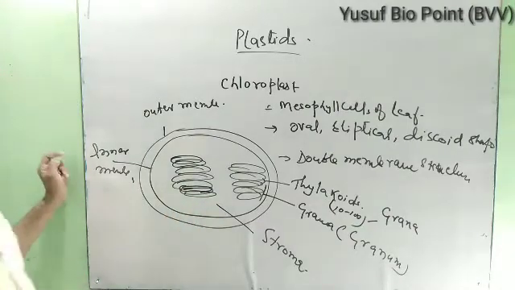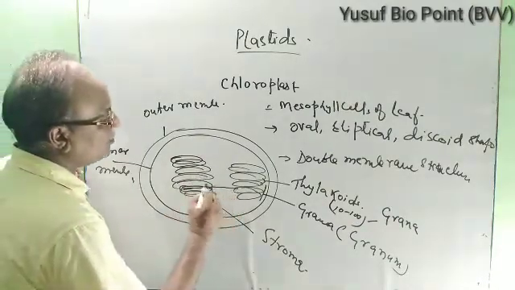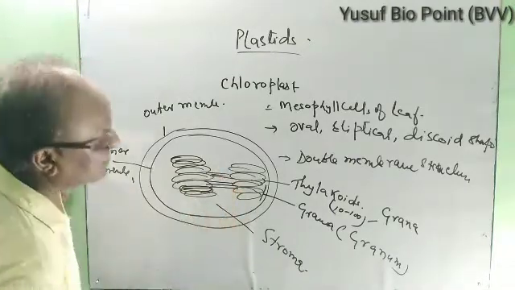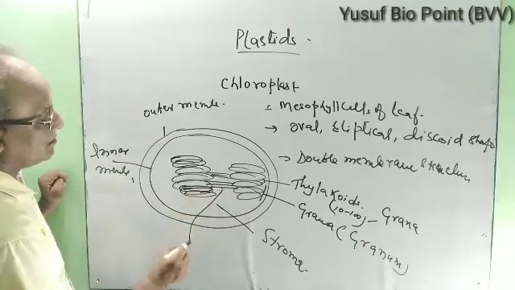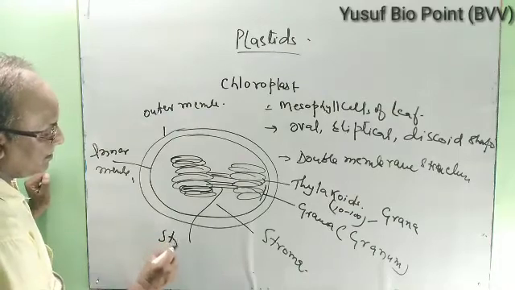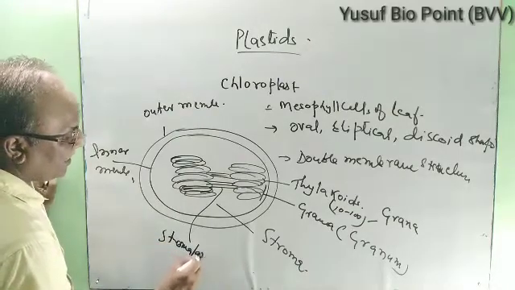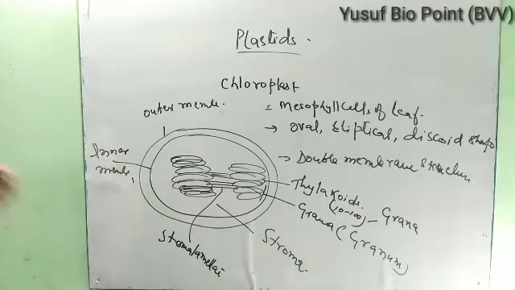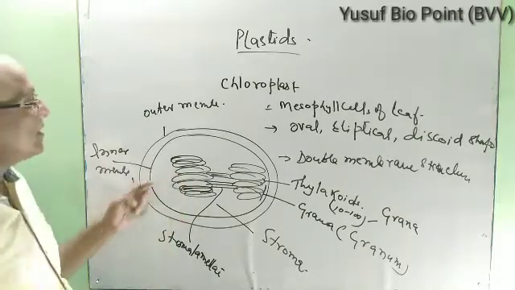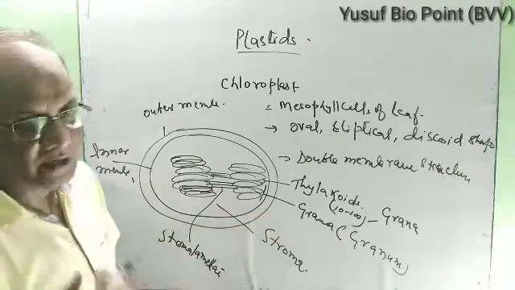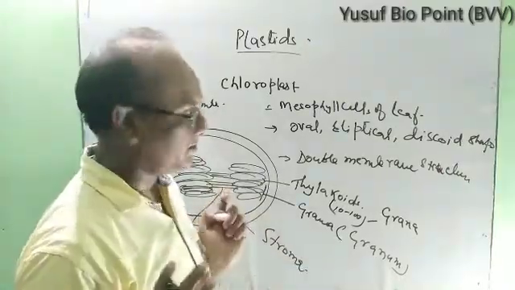And these thylakoids and grana are attached to each other by what are called stroma lamellae. About 40 to 60 grana are found in each chloroplast.